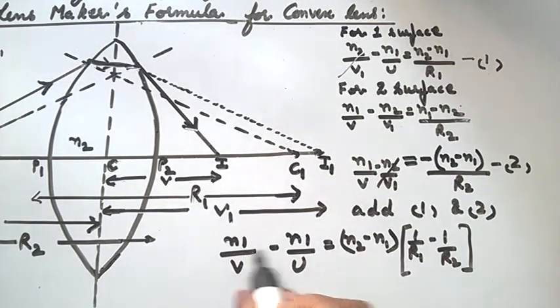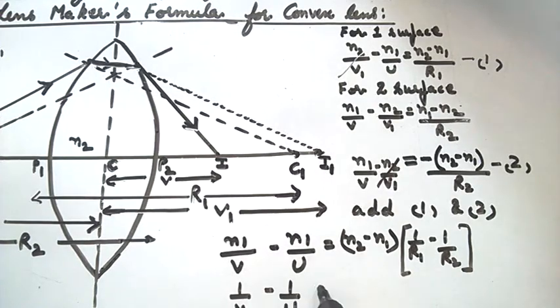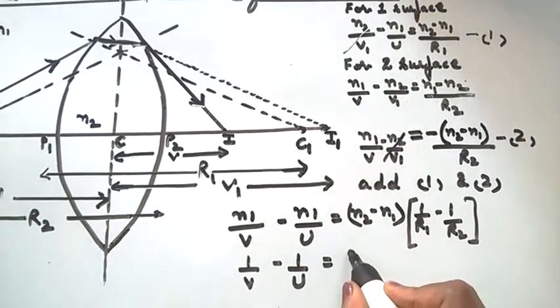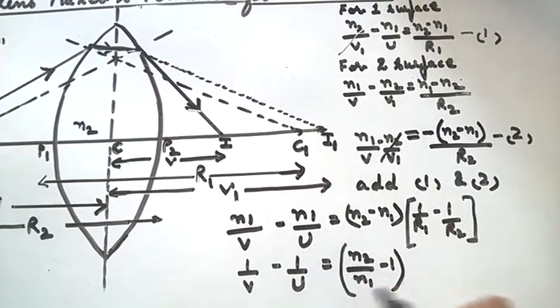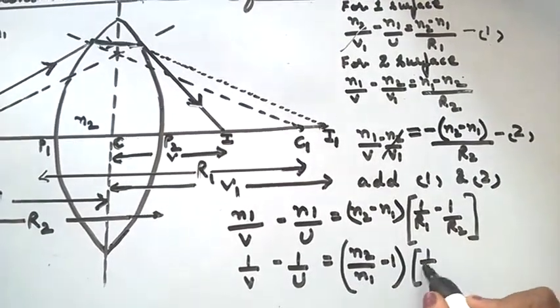Take n1 common again, we get 1 upon v minus 1 upon u equal to, dividing by n1 on this side, n2 upon n1 minus 1, into 1 upon r1 minus 1 upon r2.